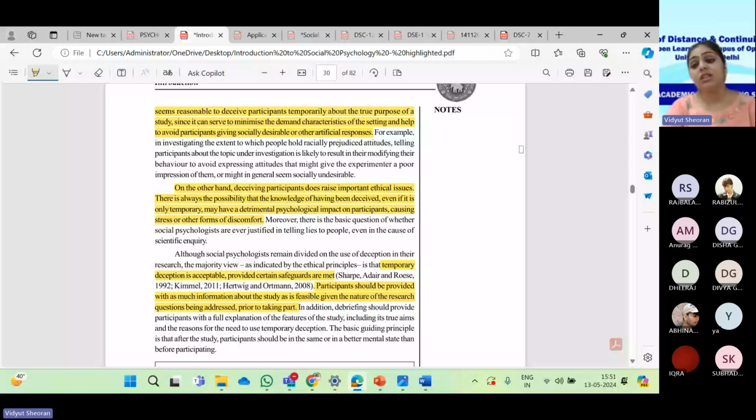So we will have to consider these sensitive issues prior. Then comes that participants should be provided with as much information about the study as is feasible, given the nature of research questions being addressed, prior to taking part. तो जितना पार्टिसिपेंट के लायक का इंफॉर्मेशन है, हमें वो पार्टिसिपेंट्स को हमेशा बताना पड़ेगा.